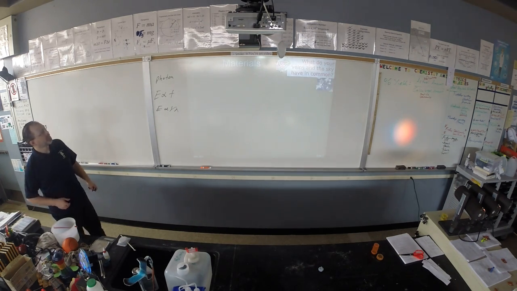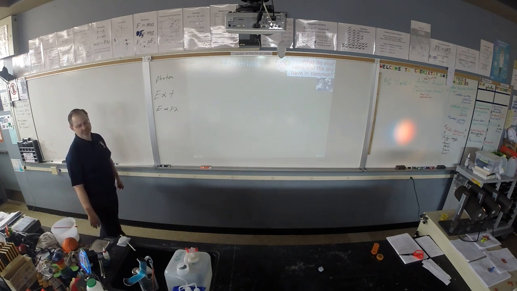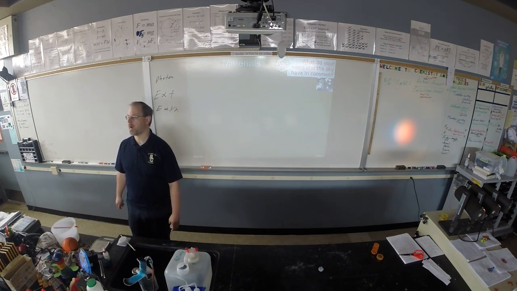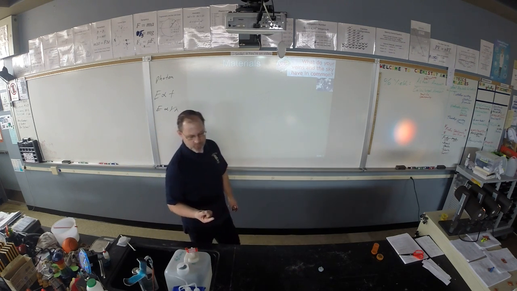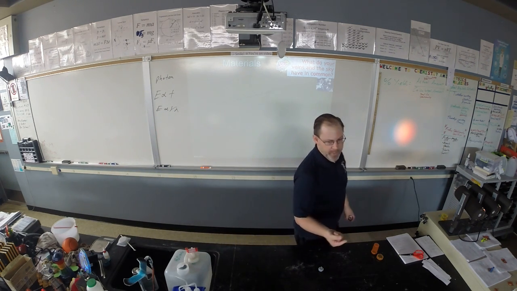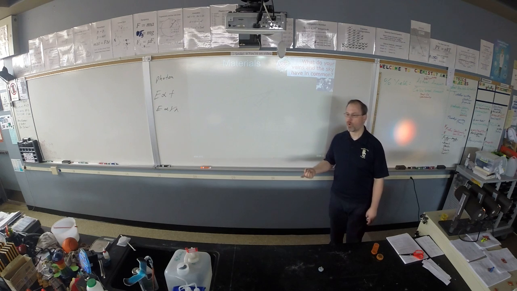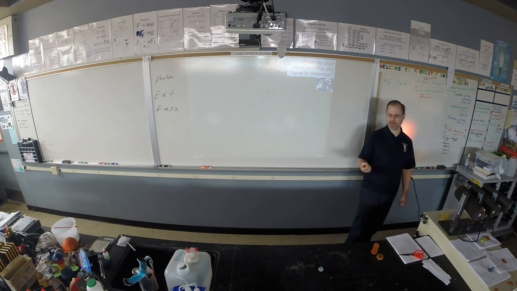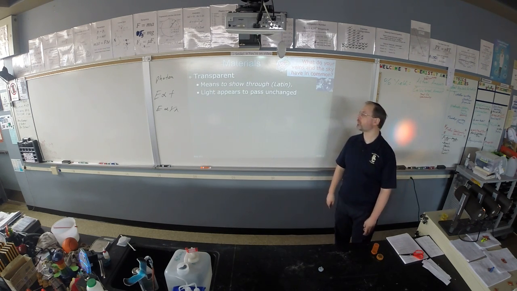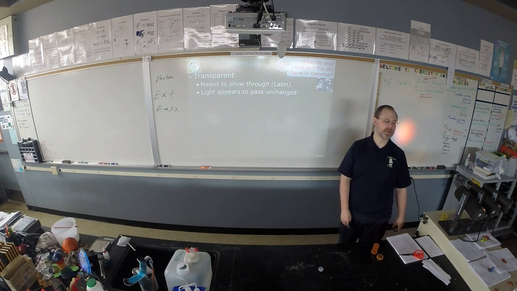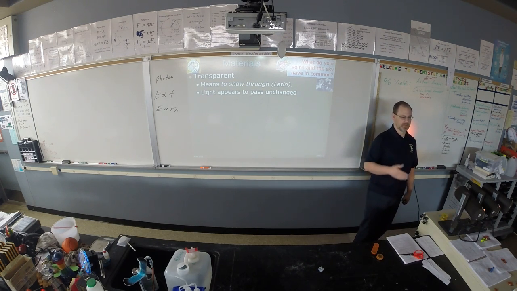Moving right along. We have three words we like to use when talking about light interacting with materials. You can't go through it. You can go through it, but it gets moved around a lot. Or it goes through it pretty much in a straight line, and we call that transparent. Our corneas are transparent.